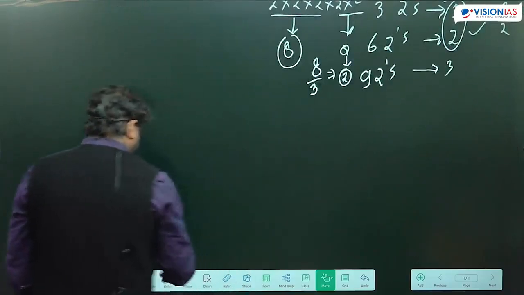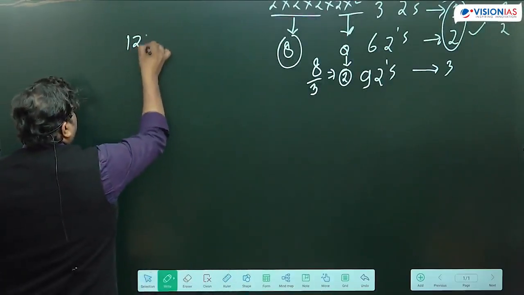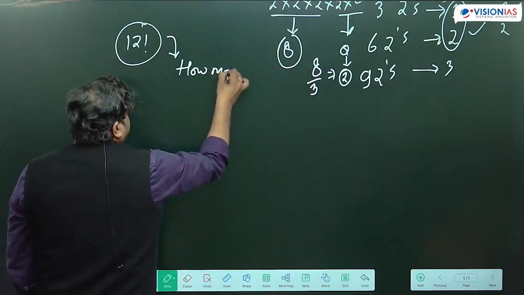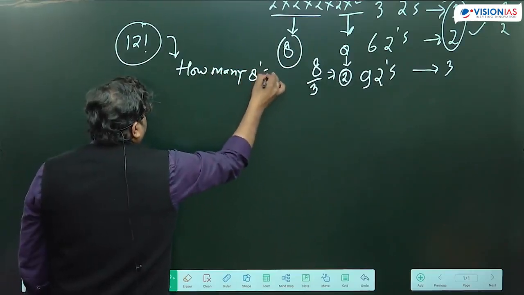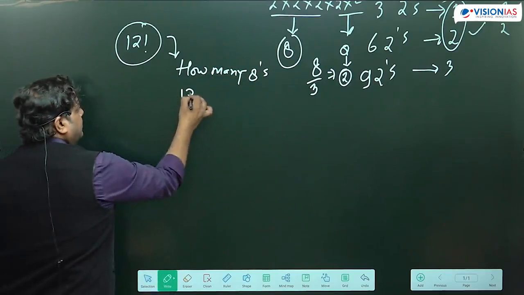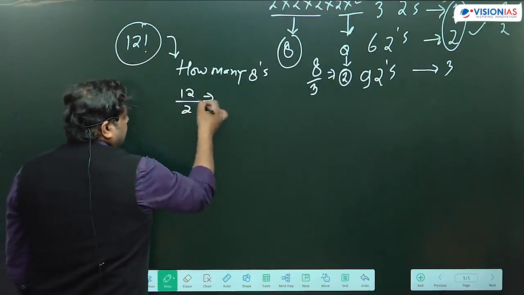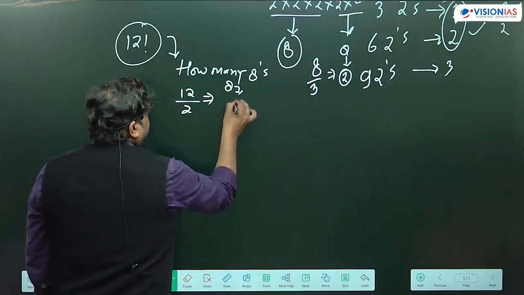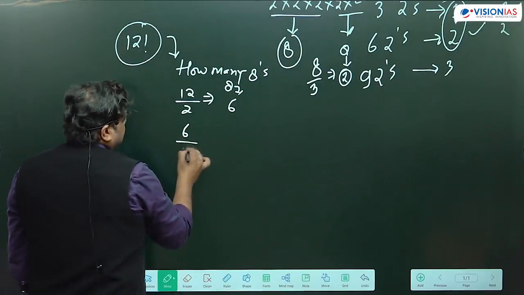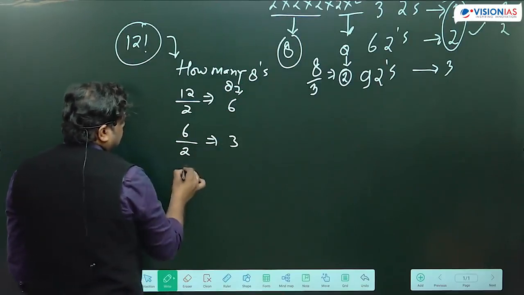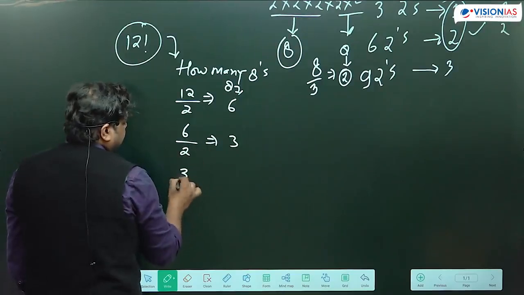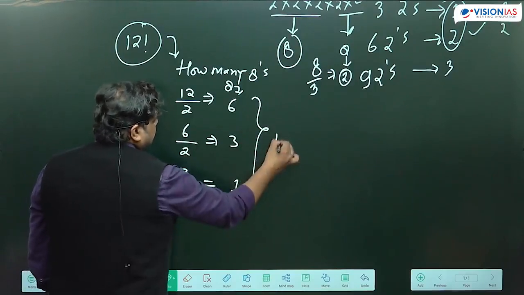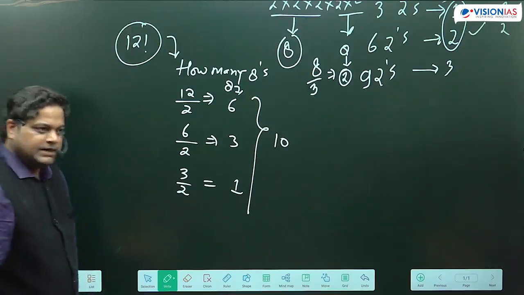If I ask, in 12 factorial how many 8s are there? What can we do? In 12 we'll see how many 2s are there. 6, 3, then... how much is this? 10. There are 10 2s.